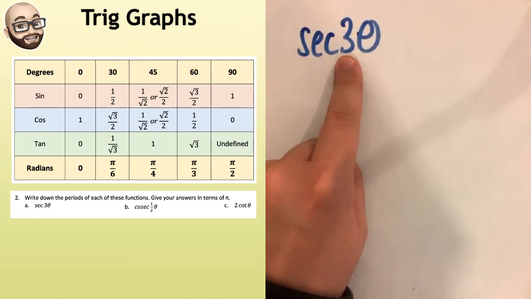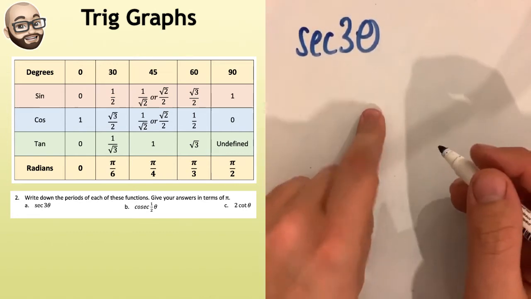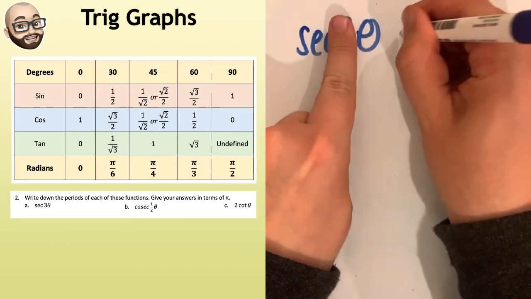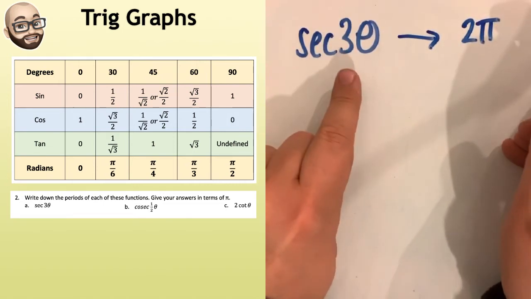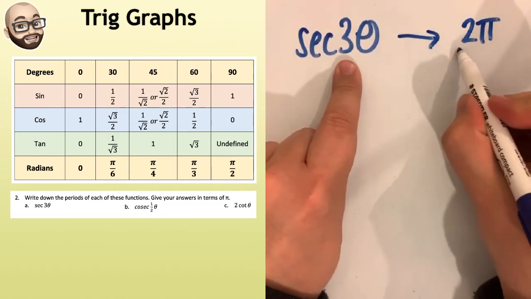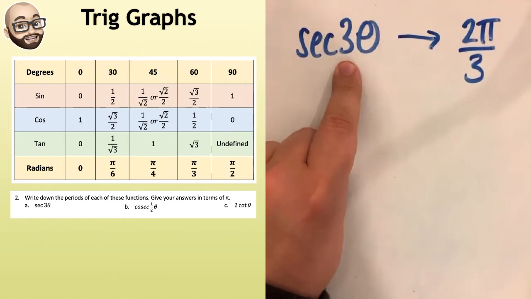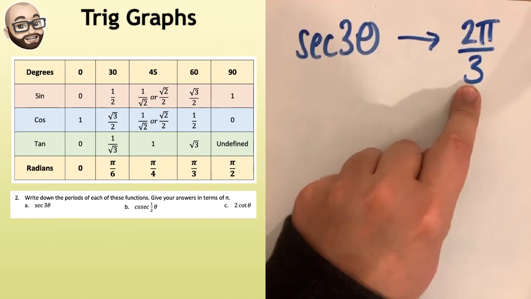It is a stretch of scale factor a third in the x direction. So if sec of theta had a period of 2 pi, and we're making it 3 times quicker, the period is going to be 2 pi over 3. It's happening 3 times as quick, so the period is going to be a third of what it should be.